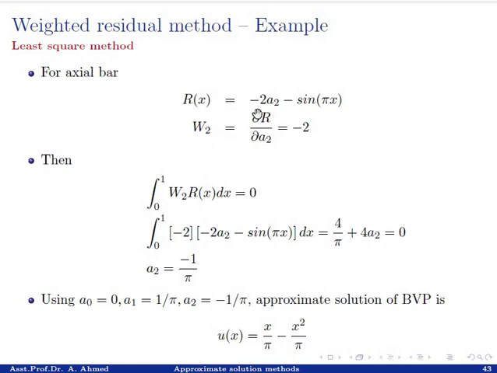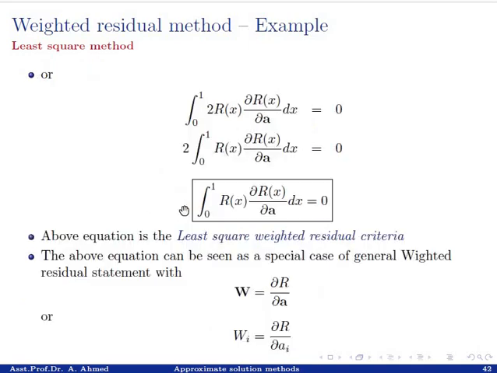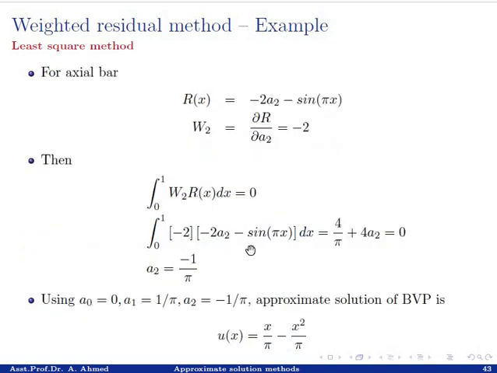This is the equation of the residual, and if I find the differential, I get the weight function equal to -2. Then I can simply incorporate it in this equation: -2 multiplied by the residual, integrate it over the whole domain, equate it to 0 and find the value of a2. So a2 comes out to be -1 over pi.